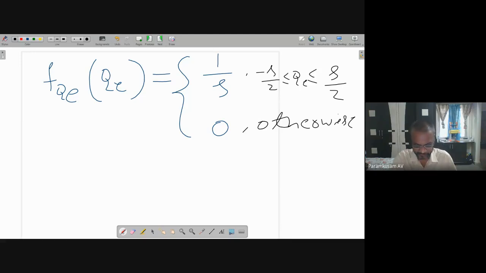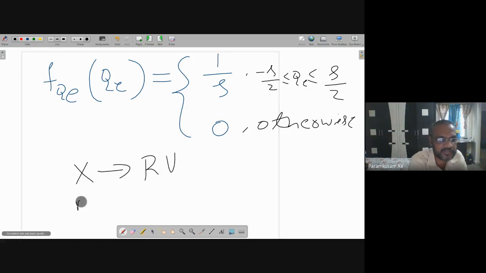Now we have to find the mean square error. How do you find the mean square quantization error? Suppose x is the random variable.